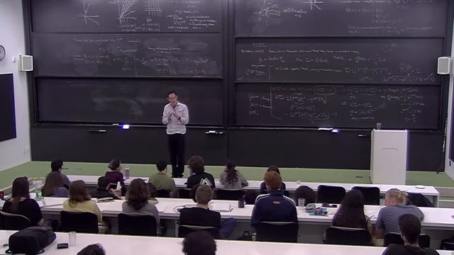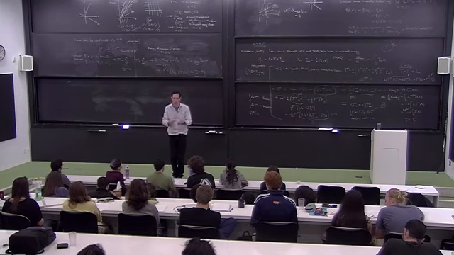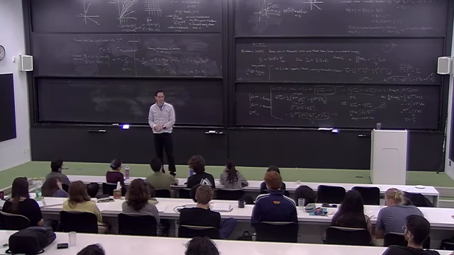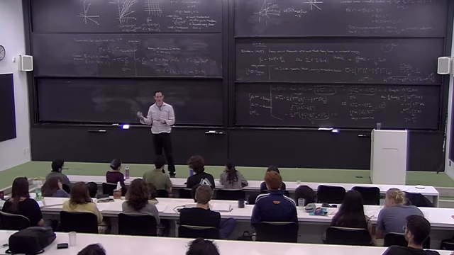And the symmetry is amazing. Can you guess what is the symmetry that gives rise to the conservation of energy? It's a statement about the universe. What's the difference between the universe today and tomorrow?